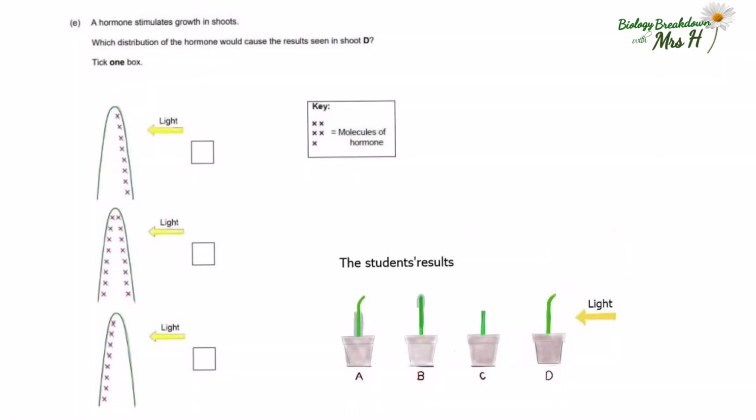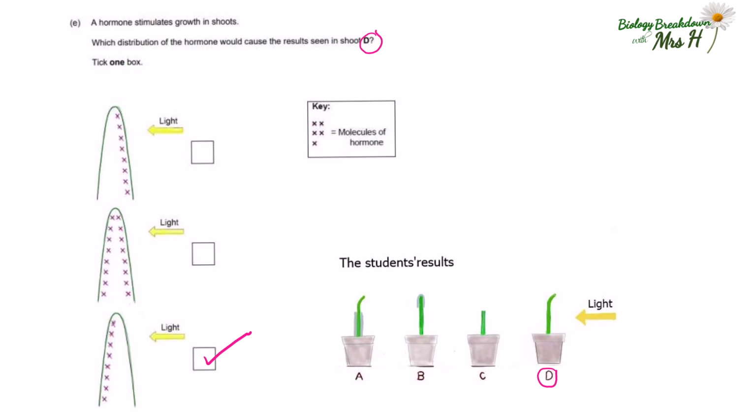A hormone stimulates growth in shoots. Which distribution of the hormone would cause the results seen in shoot D? Tick 1 box. We know light causes auxins to move to the shady side of a shoot, and when they do gather on one side, they cause elongation on that side, in shoots anyway.